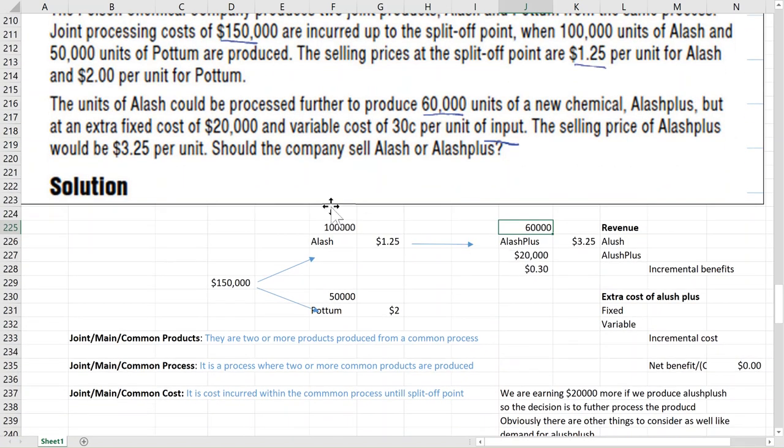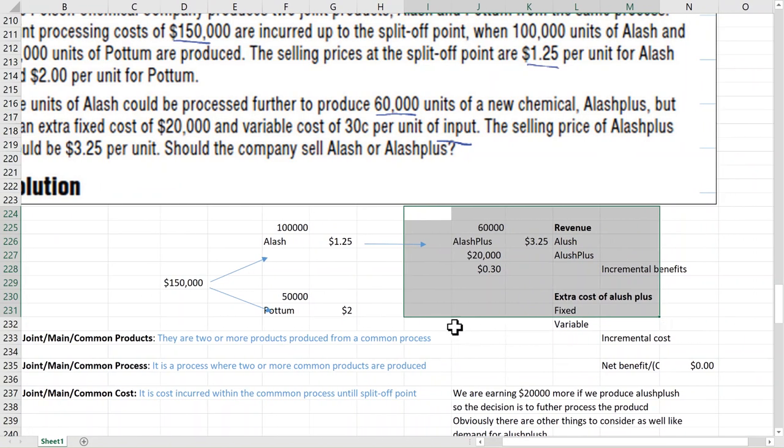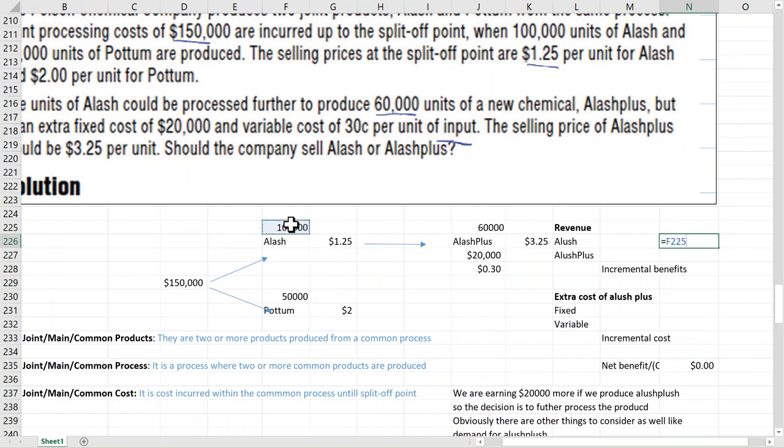Remember, if we are further processing, the 150,000 cost that we have already incurred is not relevant, because it is incurred anyway if we further process it or not. So what is relevant is anything extra that we are incurring here. So let's look at the extra revenue and the extra cost. If we sell LH as it is, we will be able to have a revenue of 125,000.